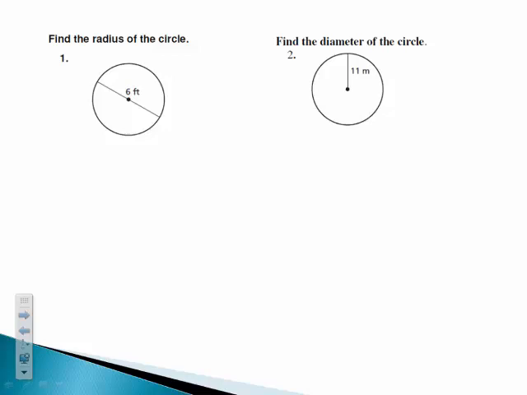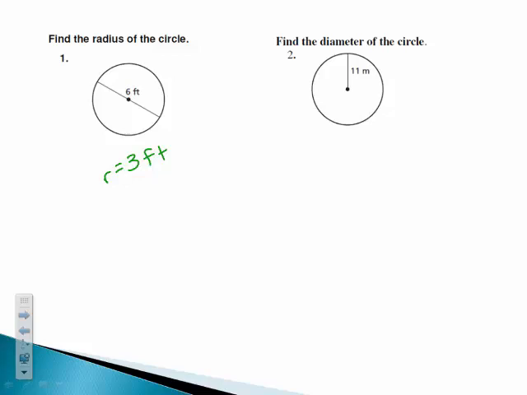Okay, now that you've had a chance to go over 1 and 2, number 1 asks you to find the radius of the circle. Here you can see they give you the diameter, so half of that is 3 feet. So our radius equals 3 feet, and that's it.